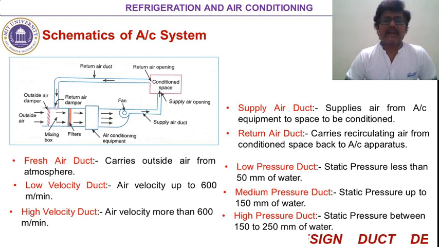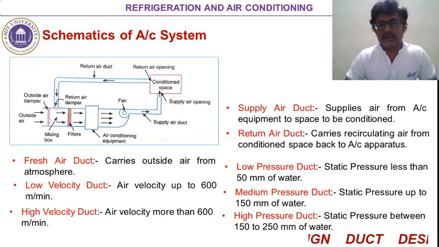Then we have the return air duct, which can be seen in the arrangement leading from the air conditioned space back to the fresh air duct, the reverse channel that we can see here. This return air duct carries the recirculated air from the conditioned space back to the air conditioning apparatus. This return air essentially reduces the load on the air conditioning system or the cooling coil.